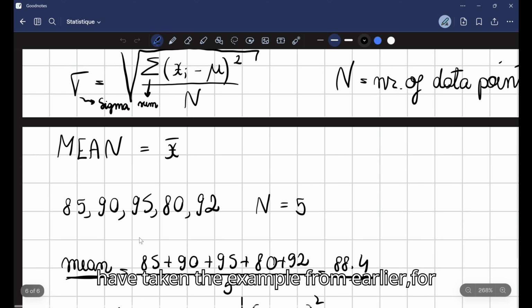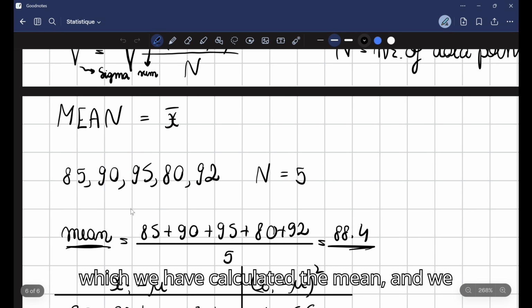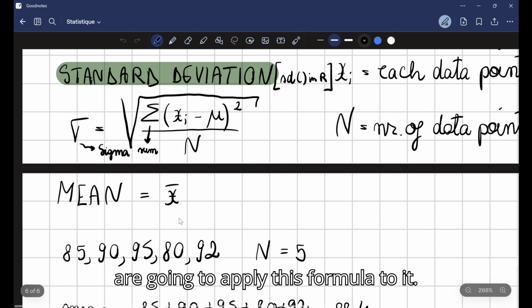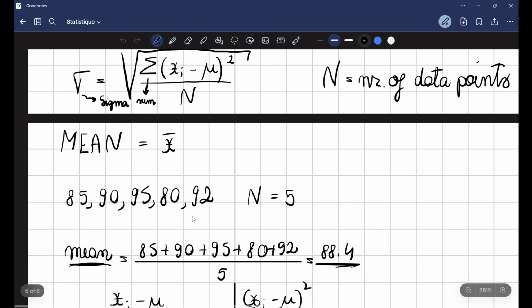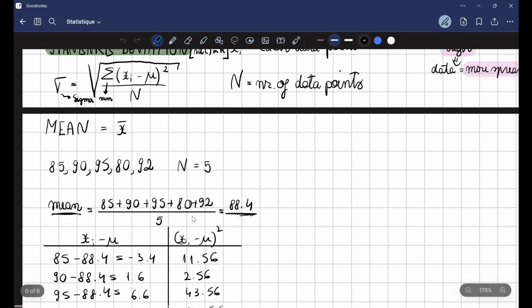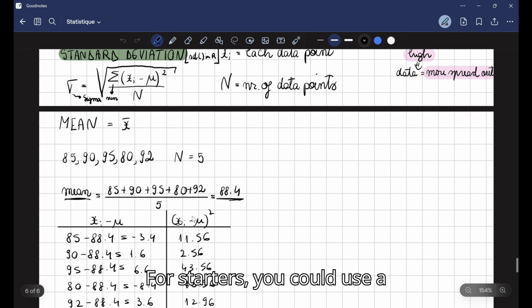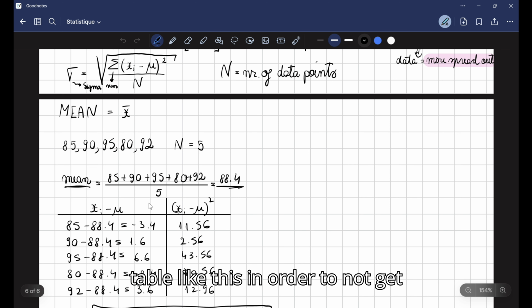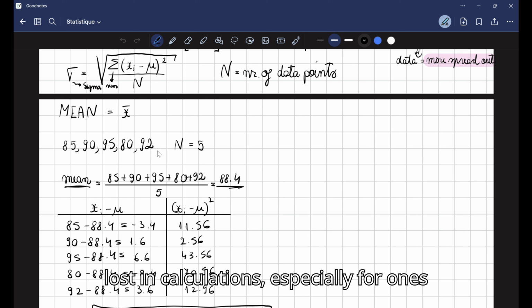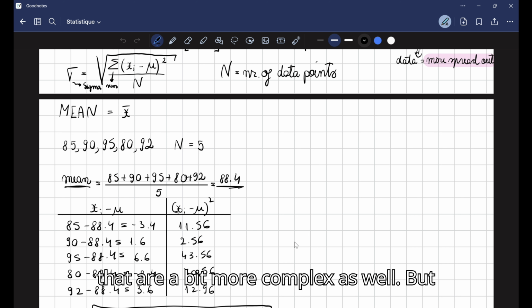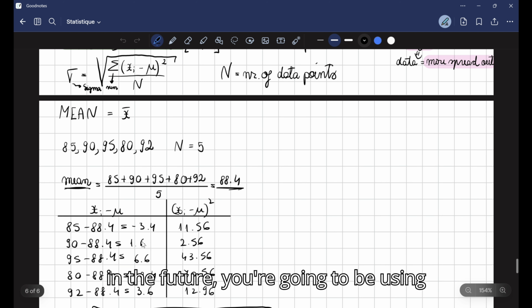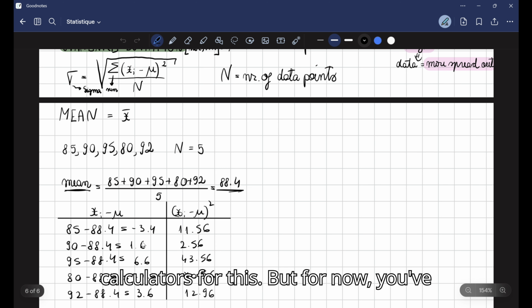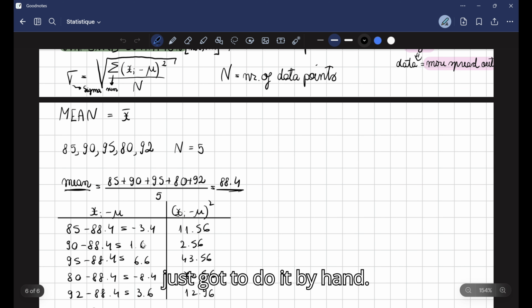Now, I have taken the example from earlier, for which we have calculated the mean, and we are going to apply this formula to it. For starters, you could use a table like this in order to not get lost in the calculations, especially for ones that are a bit more complex as well. But in the future, you're going to be using calculators for this, but for now, you've just got to do it by hand.